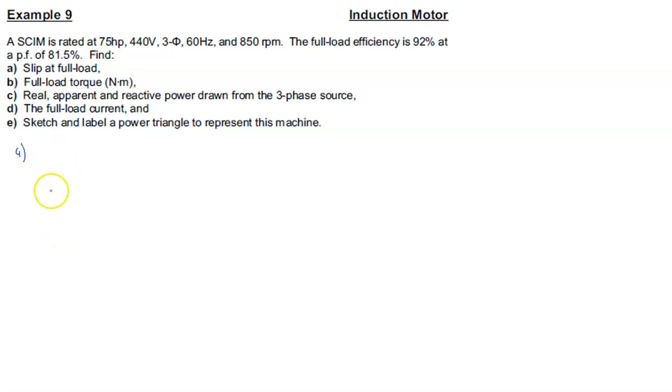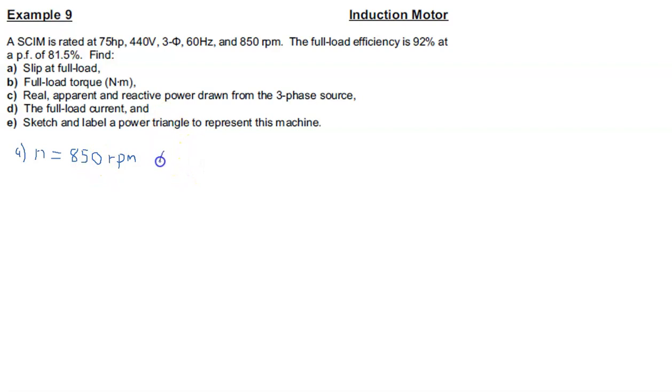by saying that we know the running speed is 850 RPMs. We have not been given the number of poles on the machine, and we have not been given the sync speed, and so we've got to figure it out.